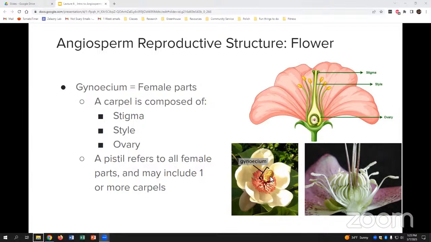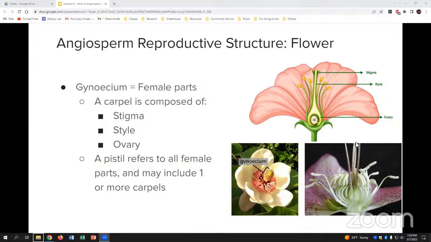And you can see that gynoecium here. Those would be the female structures in this flower. Sometimes you will see the word pistil referring to female parts of the flower. The difference between a pistil and a carpel is that sometimes we're going to have multiple carpels fused together. So here in this image, for example, our stigma is cut off a little bit.